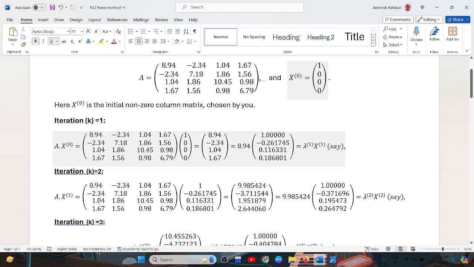We get this, call it lambda 1, and this is x1, the column vector for iteration 1. This lambda is the largest eigenvalue at this step, and this is the largest eigenvector for this step.